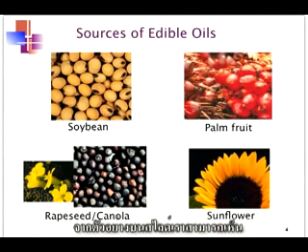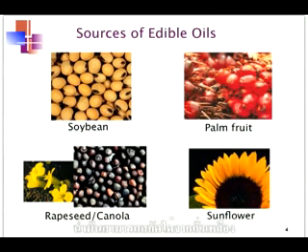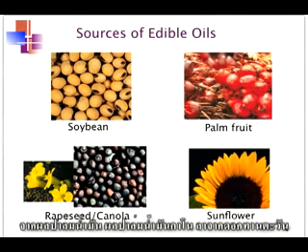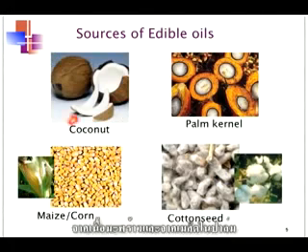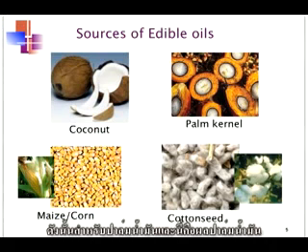For example, on this slide you can see that oil can be extracted from the soybean, from the palm fruits, from canola, from sunflower, from the coconut flesh, and from the palm kernel. For the oil palm, this is the oil palm fruits.